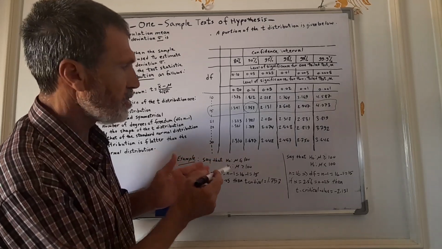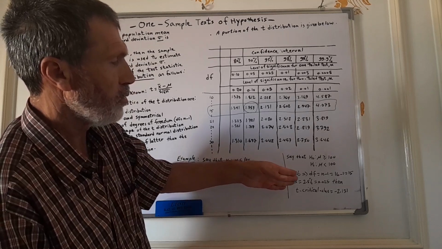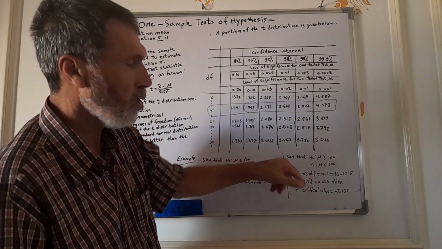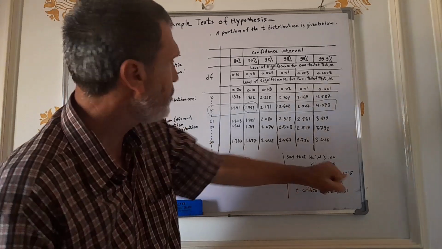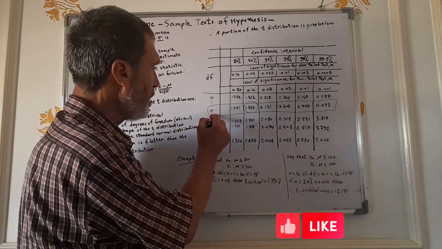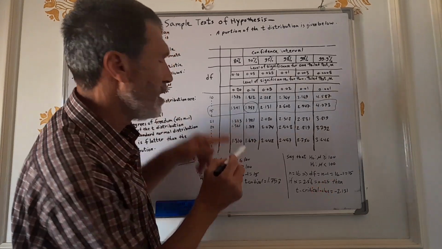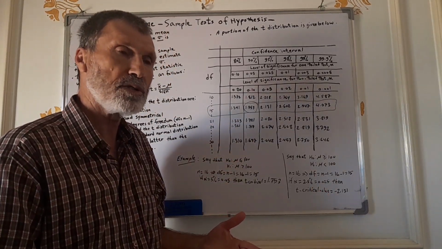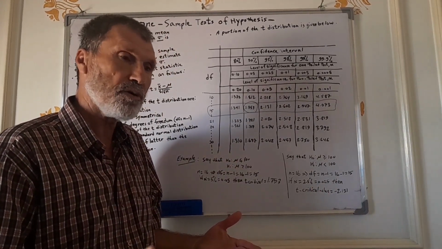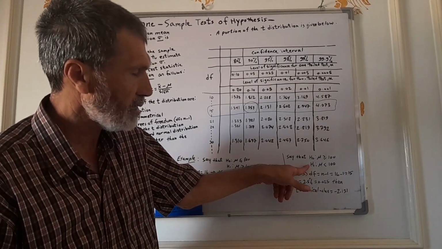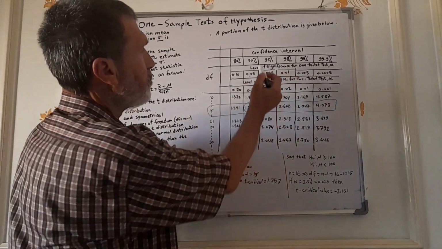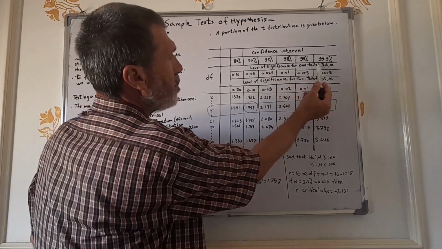Of course, first, locate the row with the appropriate degrees of freedom, which is here 15. This is the row. Okay. Now, after that, determine whether you have a one-tail test or two-tail test. We have a one-tail test here, so we move to the portion of the table with one-tail test over here.